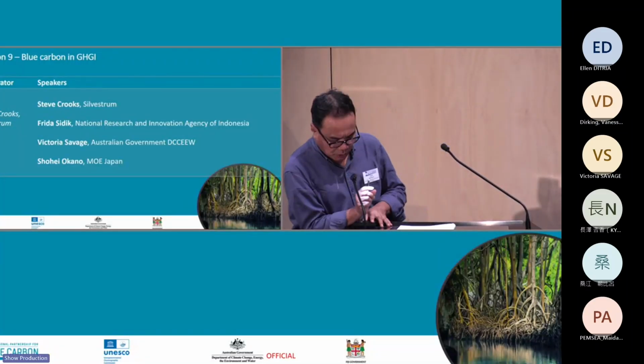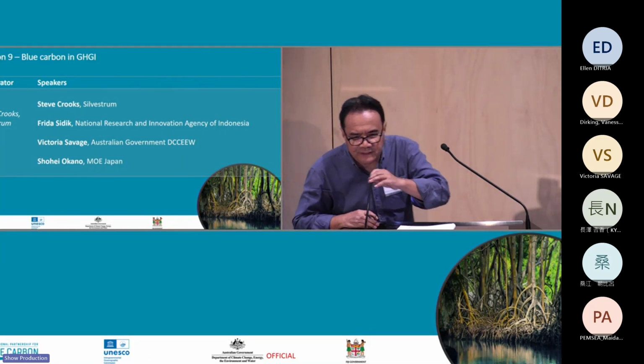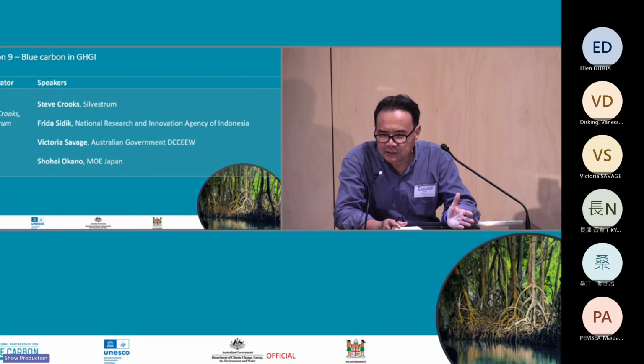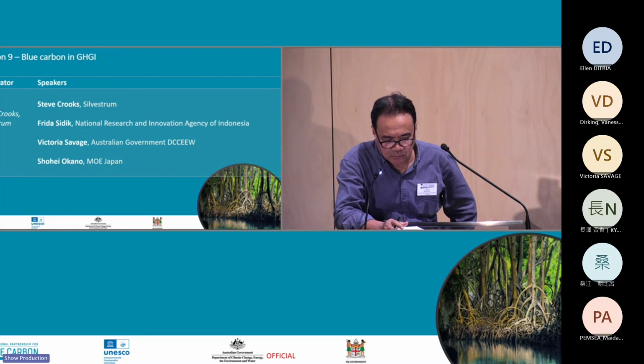So I think we will have less than 30 minutes for open discussion about this inventory. I can summarize more or less with regard to the emission factors and activity data. The approaches used in these 4 countries are quite different.